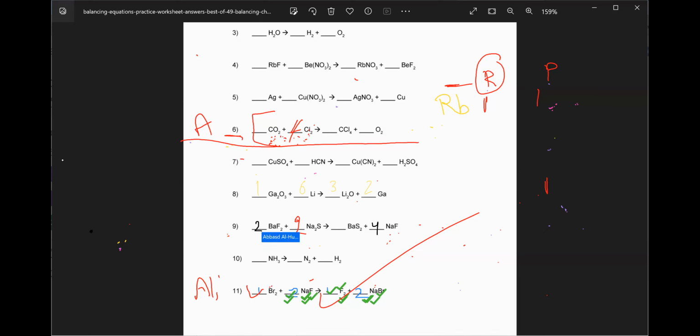It's 2 barium, 2 barium. 4 fluorine, 4 fluorine. 4 sodium, 4 sodium. Sulfur 1, so we need sulfur 2, sulfur 2. It's good. We don't have to add it as well for the barium or sulfur. It's just like this. It's over. 2, 2, 4.